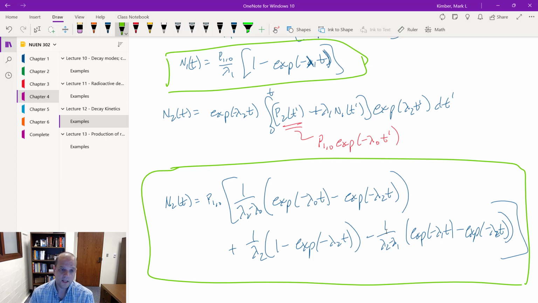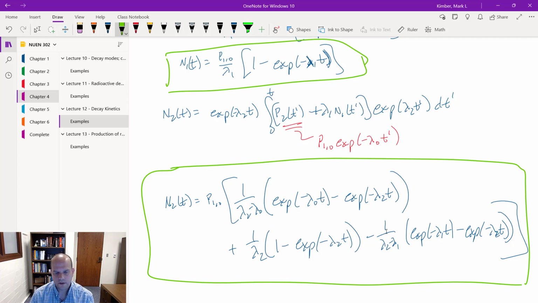And if we want to find the activity, then we just multiply each one of these by their respective lambdas. So the top expression we multiply by lambda 1, and we see that the activity itself is going to reach some saturation value that is equal to the production term. And then likewise we could just multiply this bottom expression by lambda 2 to get the activity of isotope number 2.